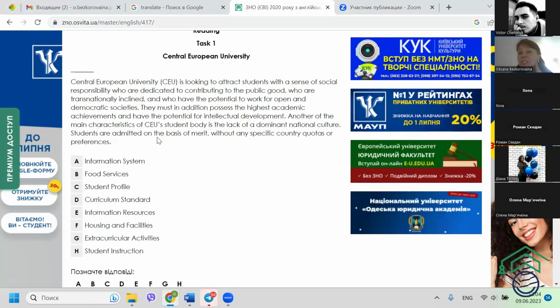CEU, we read each letter separately. Students are admitted on the basis of merit without any specific country quotas or preferences. So, the whole text is about Central European University.